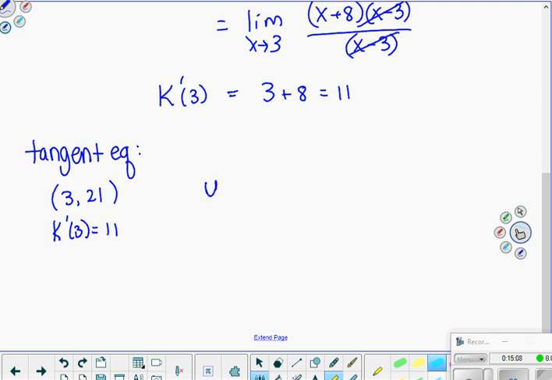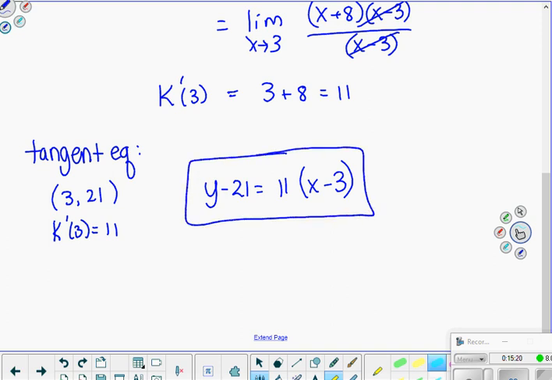So that's going to be y minus 21 equals 11 times x minus 3. And you're done. You do not have to convert these equations. This is perfectly acceptable to the AP. Now, having said that, there are times in multiple choice where they will definitely take it into mx plus b. But I'm going to trust that you can do the algebra and solve for y.